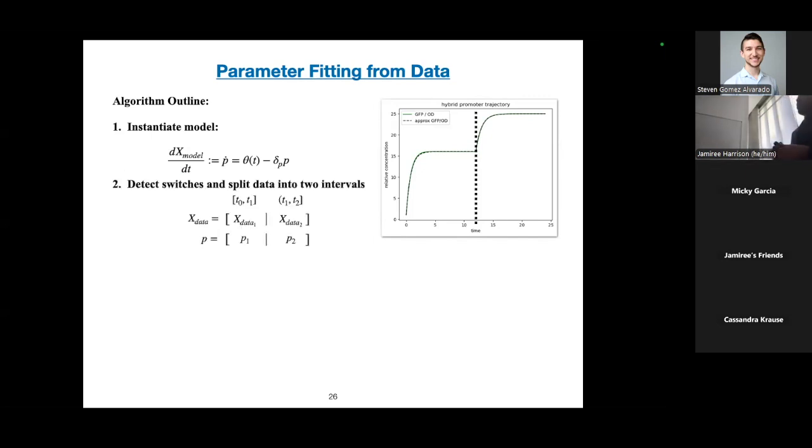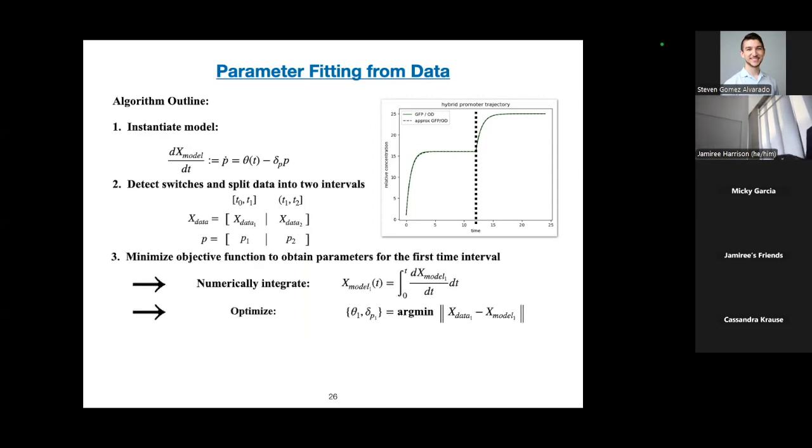So if we have this switching behavior, then an algorithm that can detect these switches and segment the data into intervals and then fit parameters over these intervals would be the best way to go.